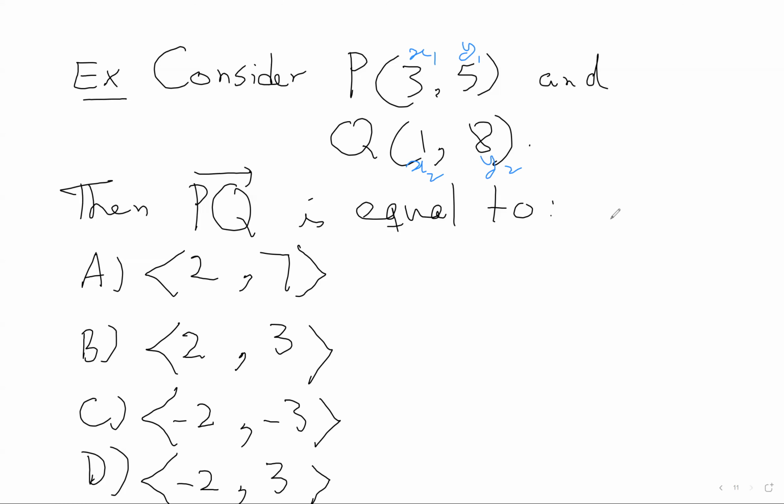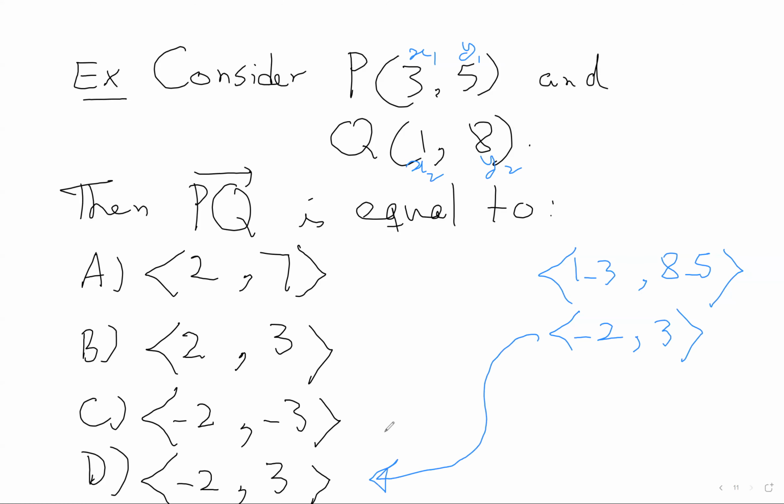Using the notes that we just talked about, x2 minus x1 is 1 minus 3, and y2 minus y1 is 8 minus 5. 1 minus 3 is negative 2, 8 minus 5 is 3. So among these answers, obviously D is the only correct answer.